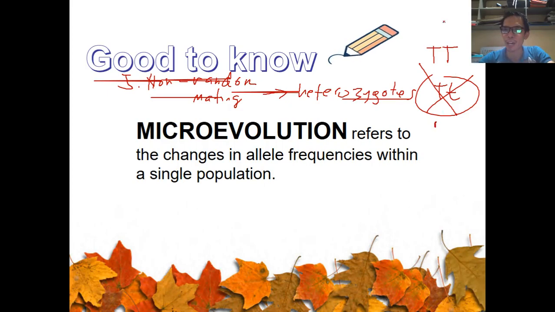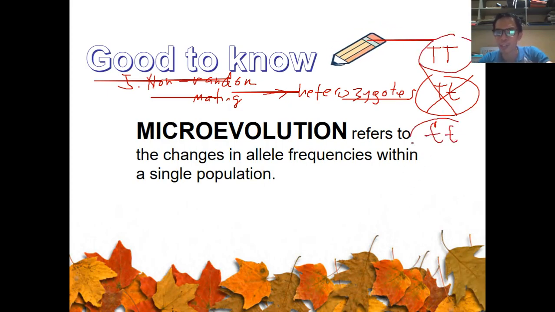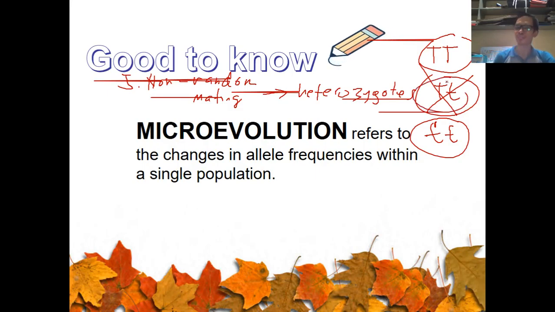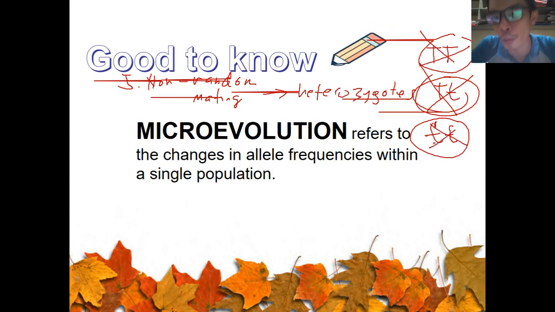For example, we have a homozygous tall and a homozygous short. So there will be no heterozygotes in the long run. Since the heterozygotes are not here anymore, we can safely say that we can eliminate one of the dominant traits, like the one that we have right here, or even the recessive trait. So that is non-random mating.